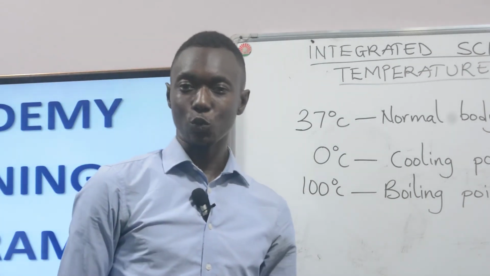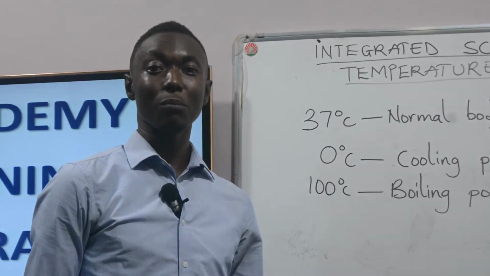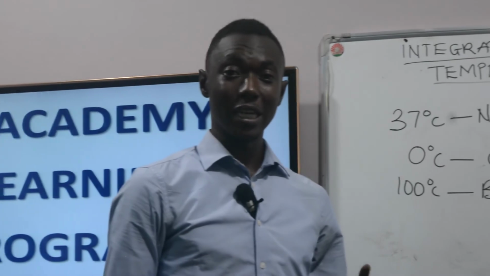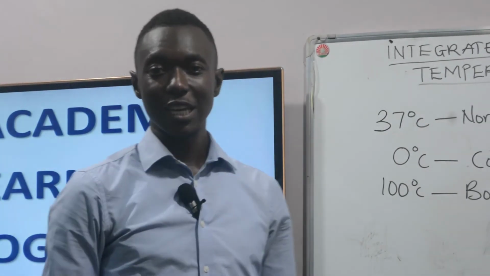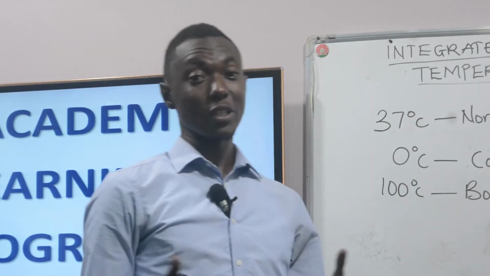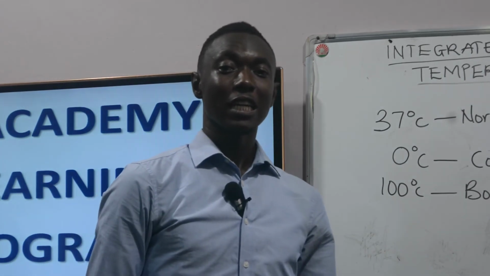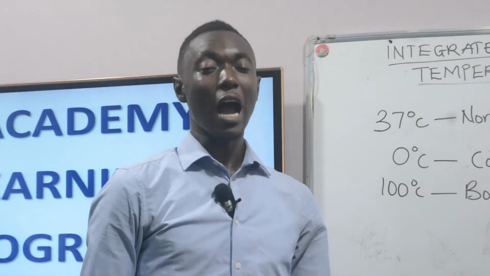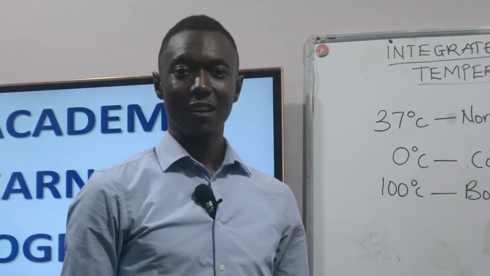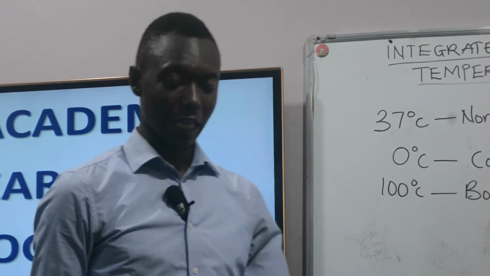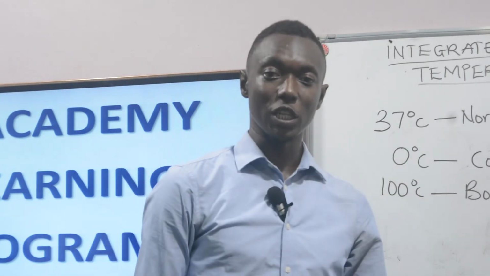Now, a recap of what we did. First and foremost, we looked at what we mean by temperature, where we said temperature is the degree of hotness or coldness of an object or body. I also gave you another definition of how hot or cold an object is. We also got to know some of the substances that have high temperature and low temperature.